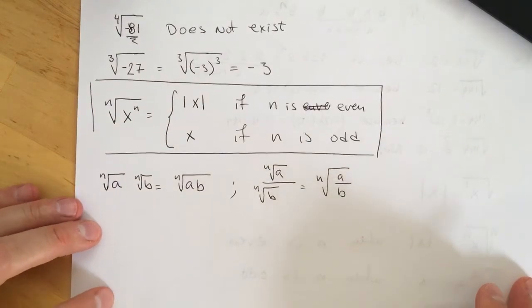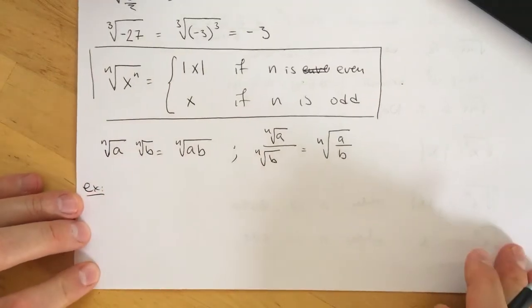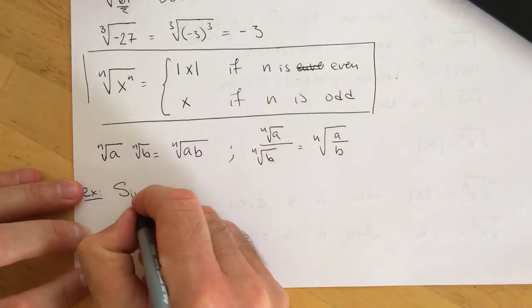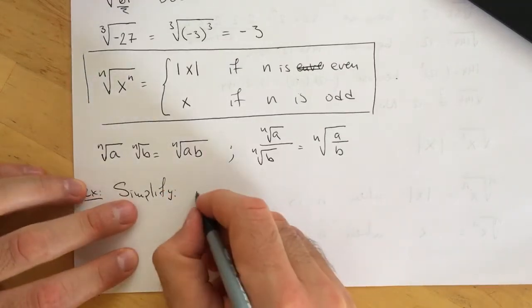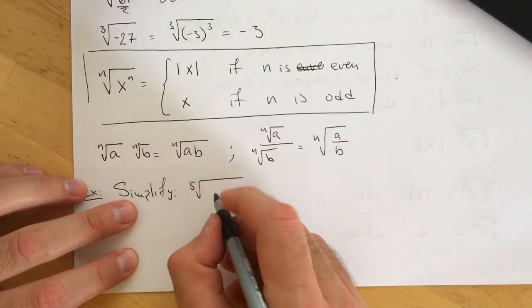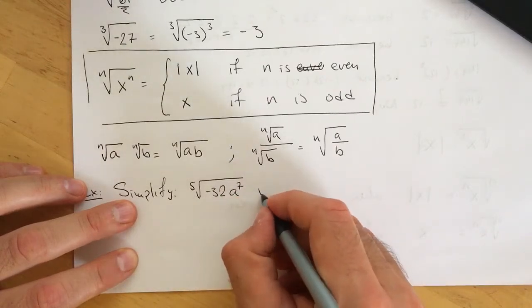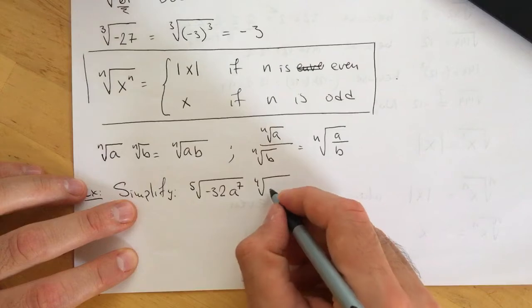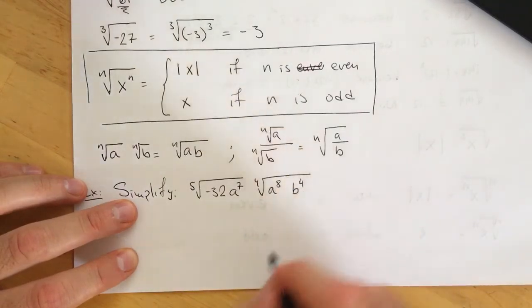Okay, so let's do an example. Simplify the following: the fifth root of negative 32a to the power of 7 times the fourth root of a to the power of 8 times b to the power of 4.